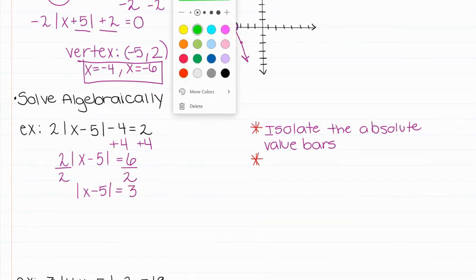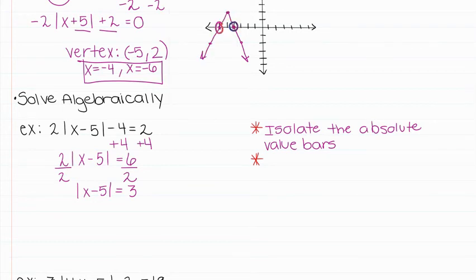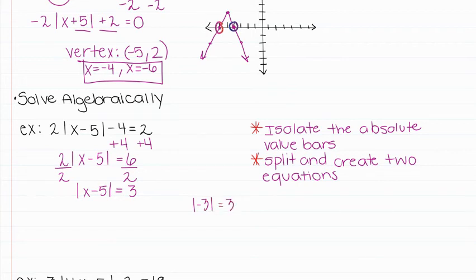Okay, so at this point, you have isolated the absolute value bars completely. So this is the tricky part, is you actually split and create two equations. So I'm going to go ahead and write that down for my next star, and then I will explain it. So split and create two equations. So I know that the absolute value of -3 equals 3.